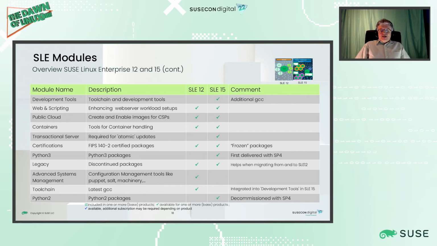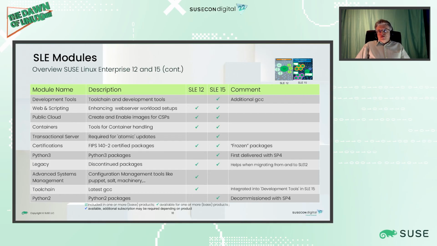Let me point out two modules here. One is at the very bottom, the Python 2. Python 2 has been end of life upstream for many years. You shouldn't use it. You should have moved all your Python 2 applications to newer Python 3 versions, but we provided it now until SP3 so that you have time for migration and to move forward.